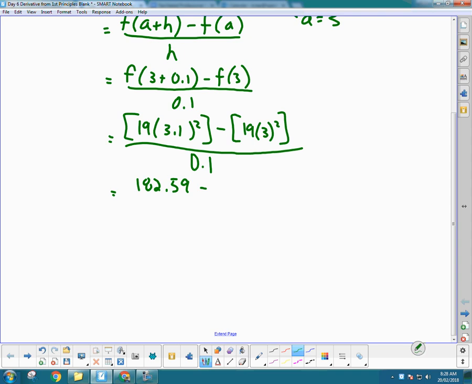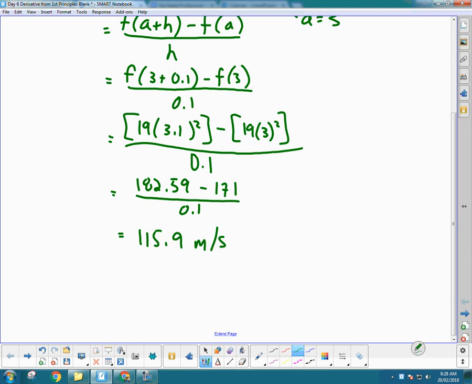And if you plug 3 into the equation, you square it, you'll get 9, multiply it by 19, and you'll get 171, all over 0.1. And this comes up with 115.9 meters per second. So that's an estimate of how fast the dragster is going at 3 seconds.